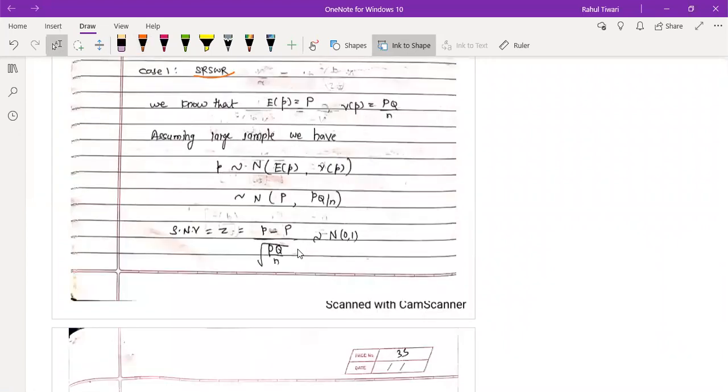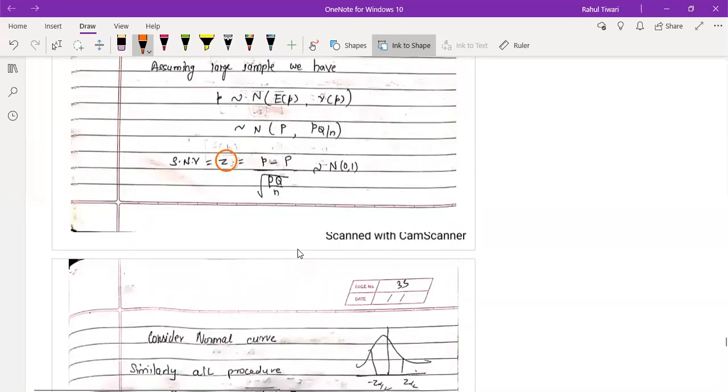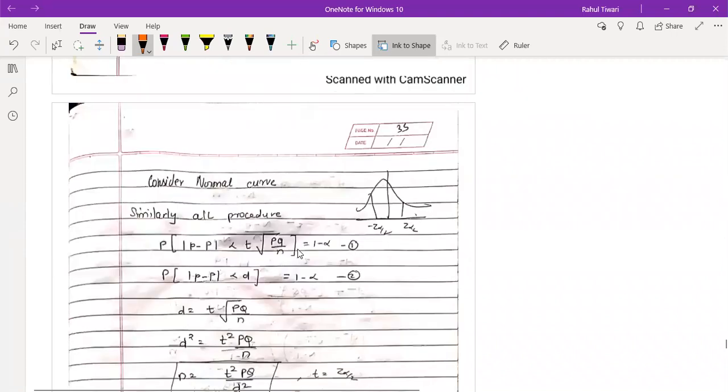You can just substitute these values. Again I'm using the standard normal variate, which is z is equal to small p minus capital P over square root of PQ upon n, which again follows normal. So similarly, using the same procedure, one can directly get these two equations. I hope this is clear, because I have just not written a few steps.